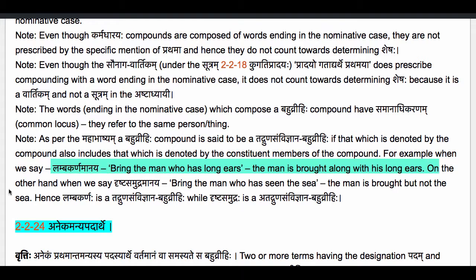On the other hand, when we say Drishtasamudram Anaya, bring the man who has seen the sea, the man is brought, but of course we cannot bring the sea. Hence Lambakarnaha is a Tadguna Samvijnana Bahuvrihi, while Drishtasamudraha is an Atadguna Samvijnana Bahuvrihi. This is the way the Mahabhashyam classifies Bahuvrihi compounds into two classes, the Tadguna Samvijnana Bahuvrihi and the Atadguna Samvijnana Bahuvrihi.